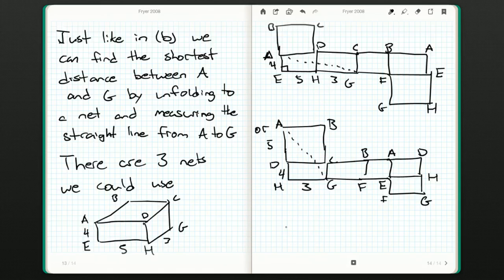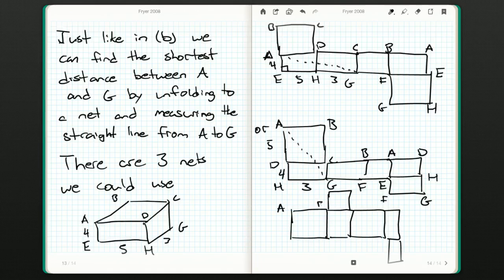And then we have one more. And that gives us A, B, C, D. Put G here. F. I don't really care about the rest of them, but it's an H here and an E here.